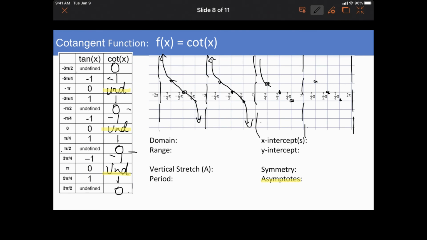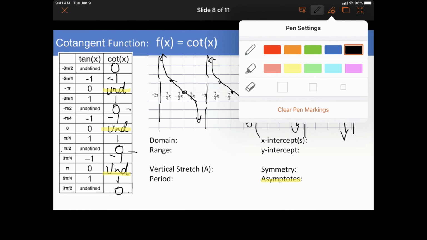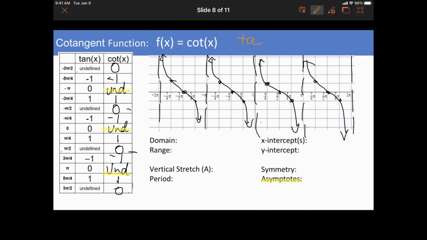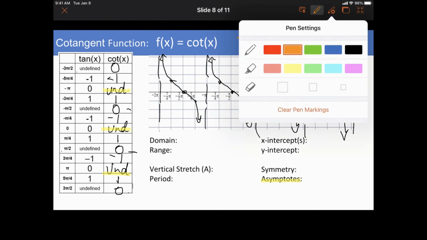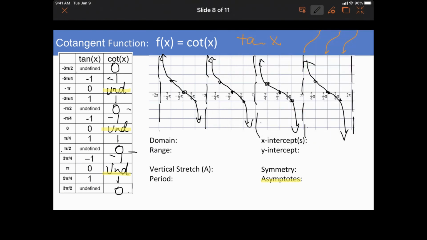Similar to tangent, but the other way. So let's remember, tangent, the graph looks like this, and the y-axis is right through the center. So slightly different.